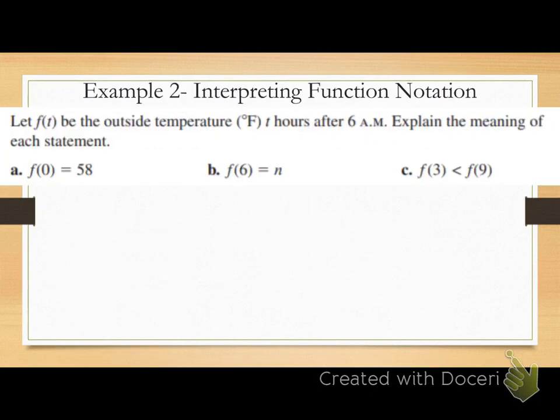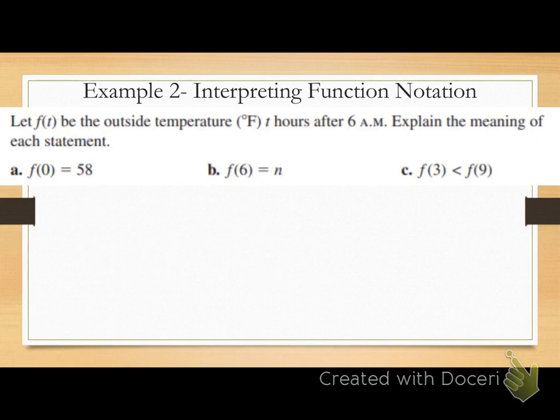All right, let f of t be the outside temperature, degrees Fahrenheit, t hours after 6 a.m. Explain the meaning of each statement. So f of t is my y value. t is like my x value, but we're calling it t.